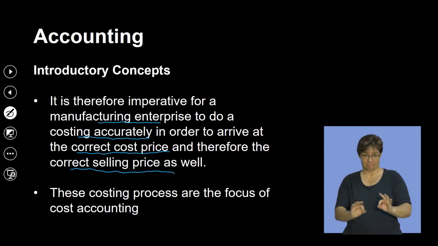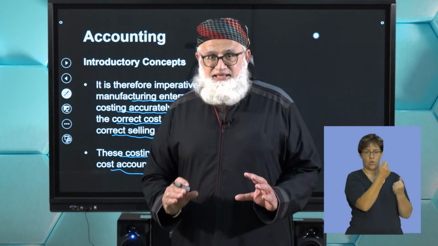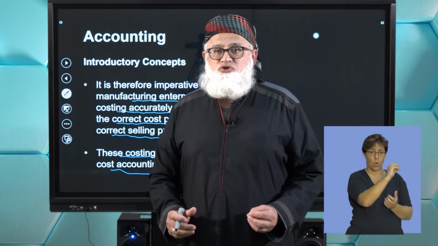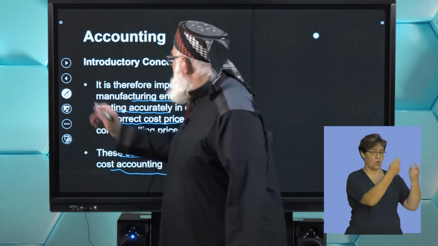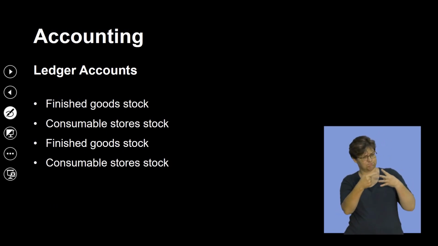The costing process here focuses on what we refer to as cost accounting. Clear? So this entire cost processing is called cost accounting. There were ledger accounts that we referred to, right? Let's recap.